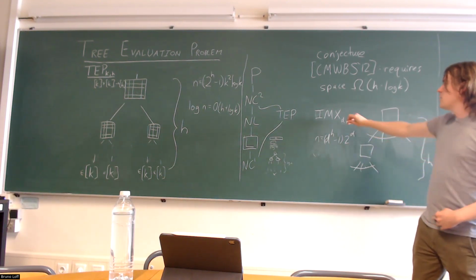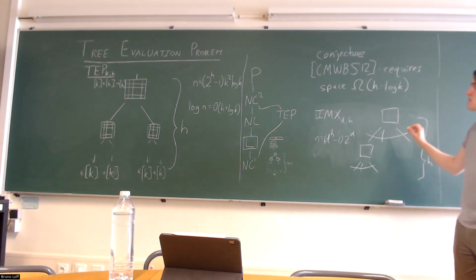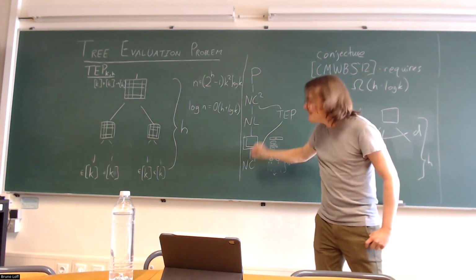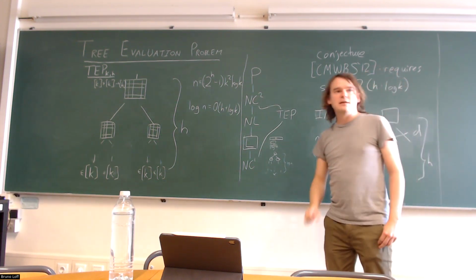But I don't want you to focus on the unbounded fan-in case too much. We'll touch on it at the very end. I'm only introducing this to say that this problem is the candidate example for separating P from NC1. This is a different, but even more long-standing line of work.